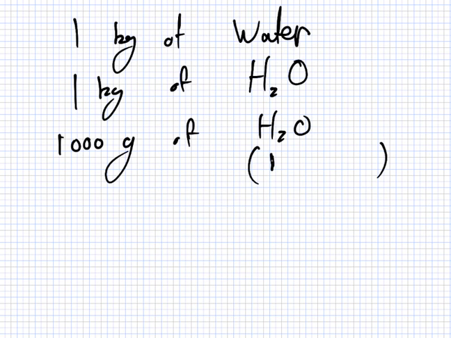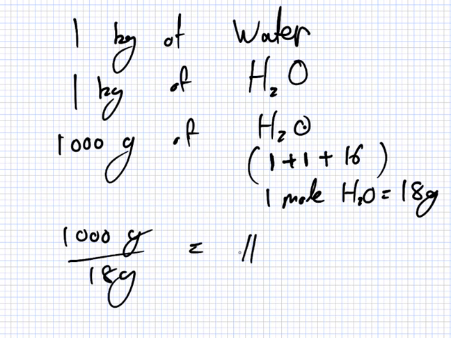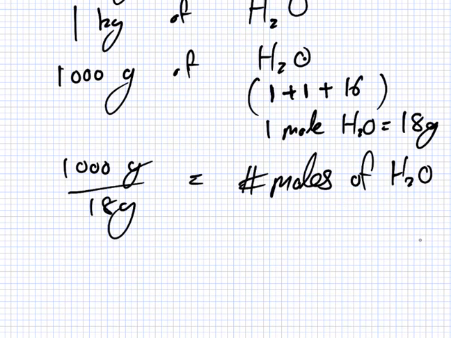Well, it'd be 1 plus 1 plus 16, so it's 18 in total. So what that's saying is 1 mole of H2O equals 18 grams. So if I do 1,000 grams divided by 18 grams, that should give me how many moles of H2O I have.